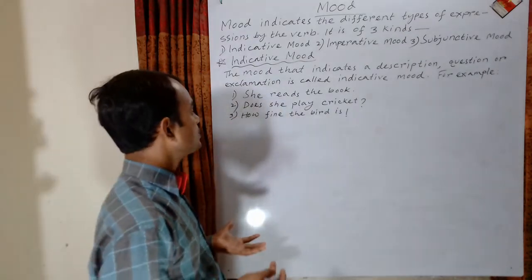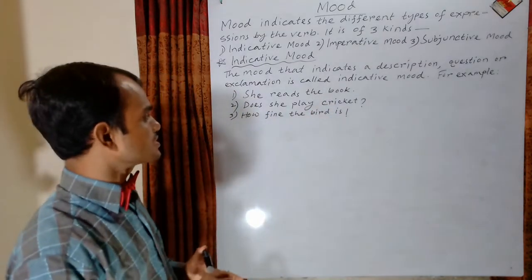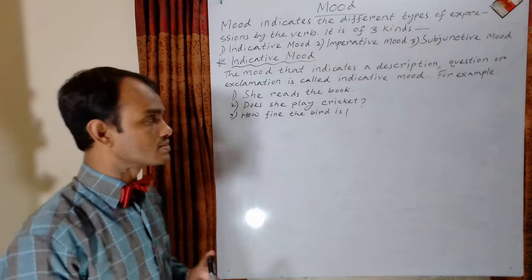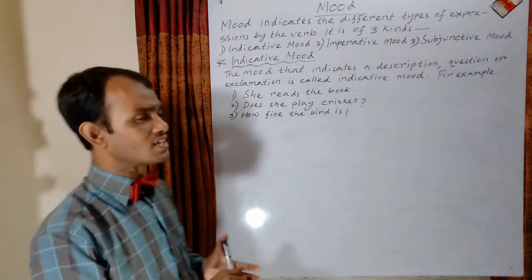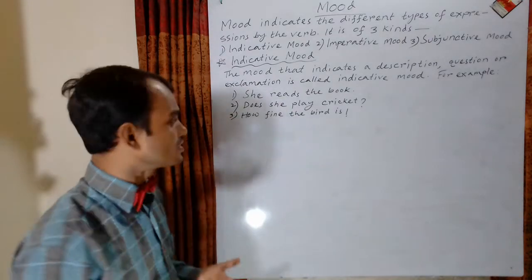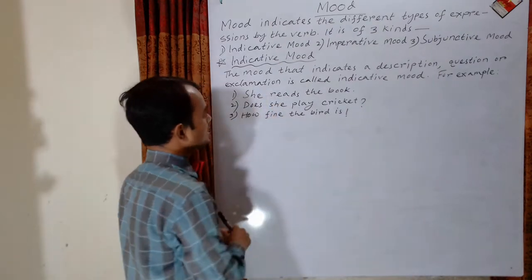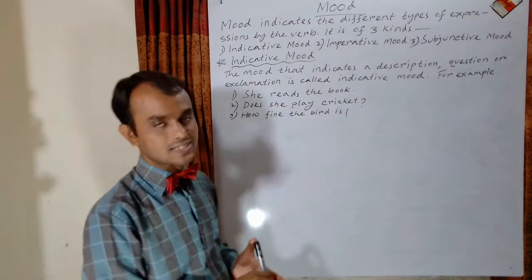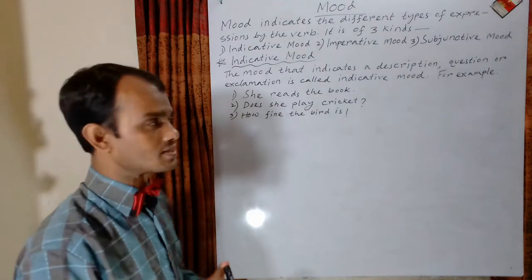Okay, for example, she reads the book. From this sentence, we find the verb reads. What does the verb read describe here? The verb describes something in this sentence.